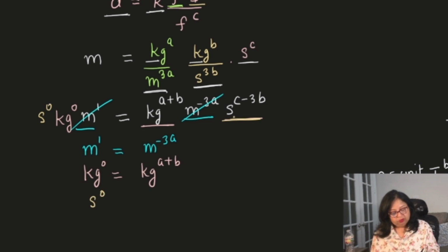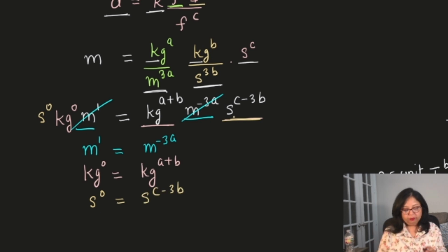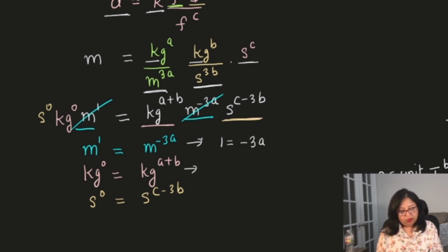That gives you seconds to the power 0 on the left hand side equal to seconds to the power C minus 3B on the right hand side. So just like before, m to the power 1 equals m to the power minus 3A will give you 1 equals minus 3A. Second one, kilograms to the power 0 equals kilograms to the power A plus B. It becomes 0 equals A plus B. And last one gives you 0 equals C minus 3B.